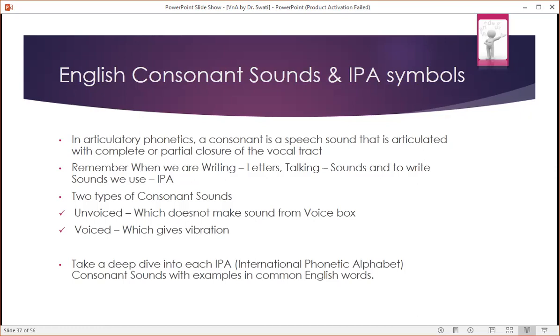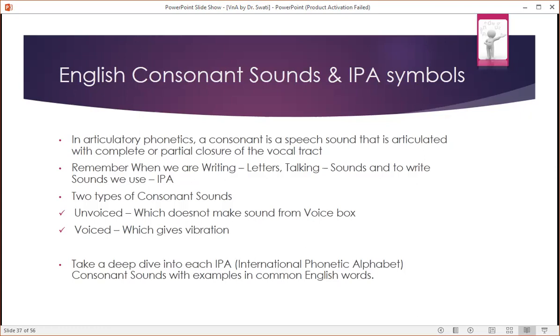But voiced are those sounds which give vibration. Say b, b, b. The b sound which is coming is coming from your voice box. There is a vibration in the voice box. So please touch your neck, your voice cord, and observe.